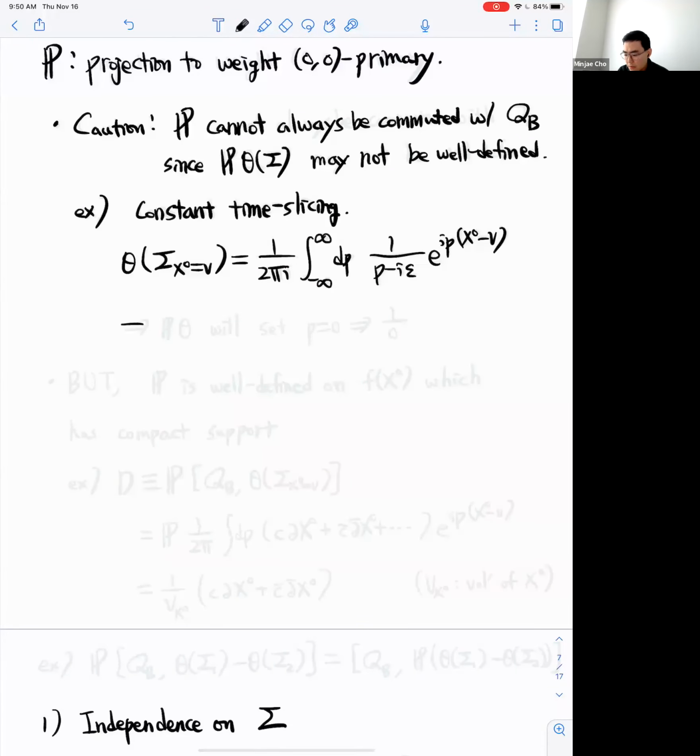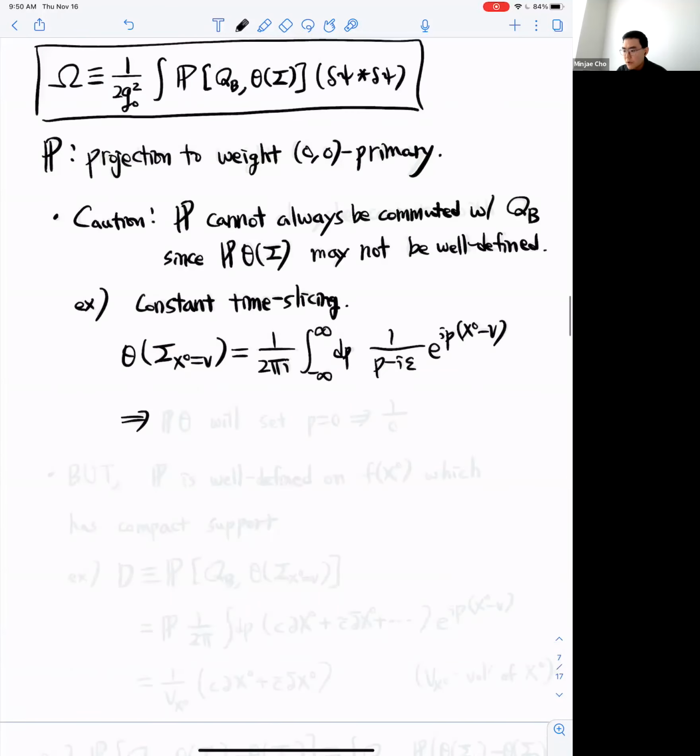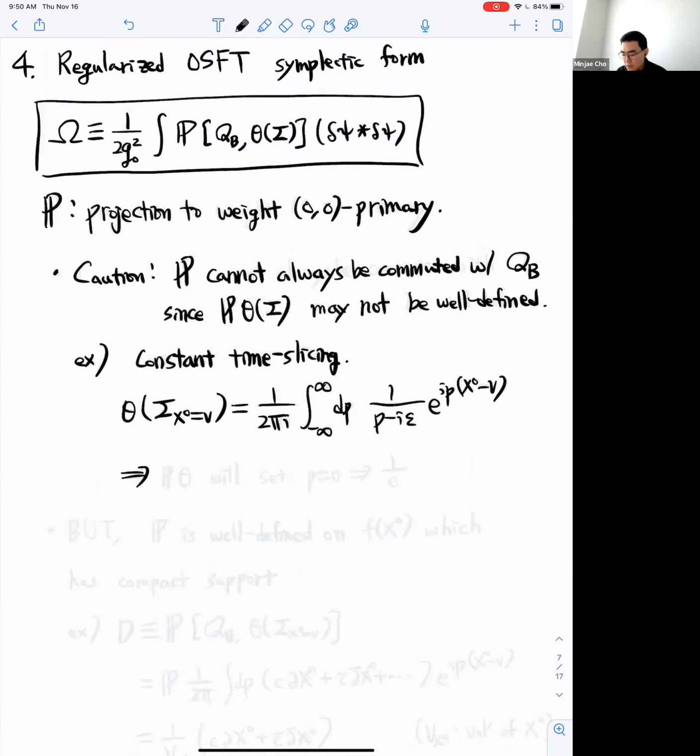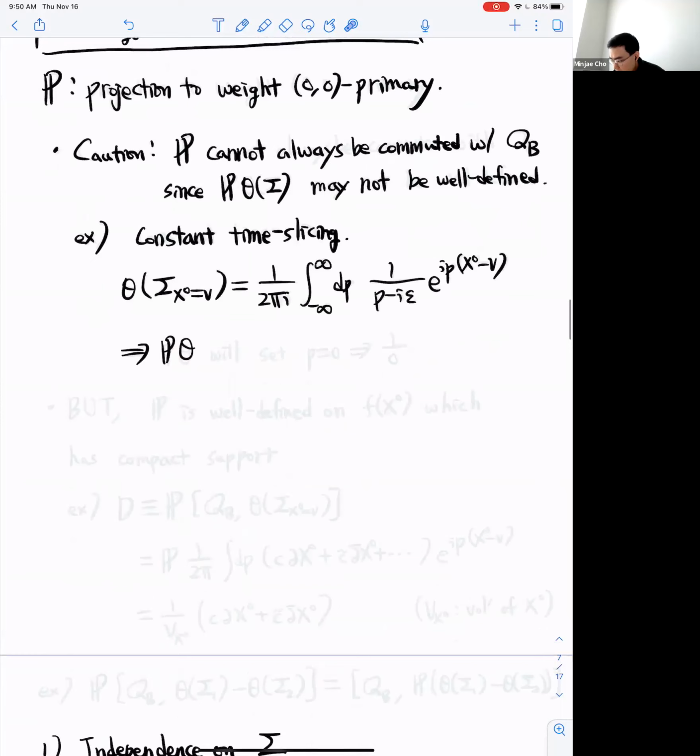And for our case, even if you have P, you cannot commute it against QB, because this P acting on theta, as you can see here, with weight 0 projection to this guy will basically localize this expression to P equals 0. But then you see that you get a coefficient which is 1 over 0 from this guy.